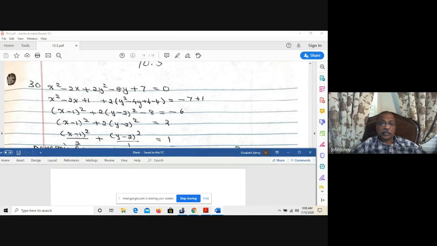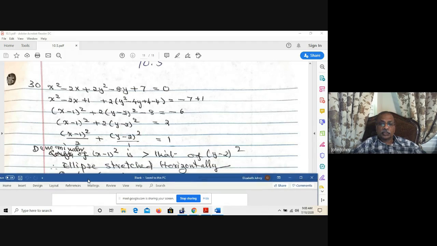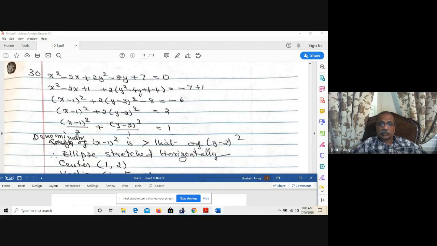You get (x − 1)²/2 + (y − 2)²/1 = 1. The denominator of (x − 1)² is greater than that of (y − 2)², so the ellipse is stretched horizontally. In fact, the major axis is on the horizontal line y = 2.